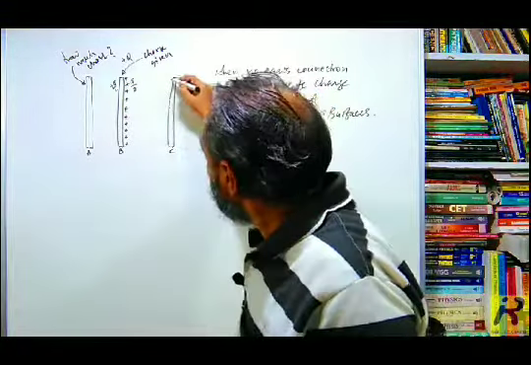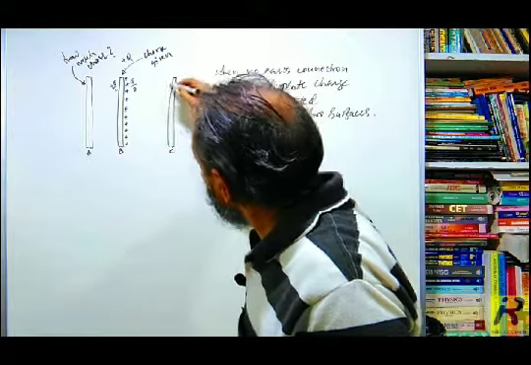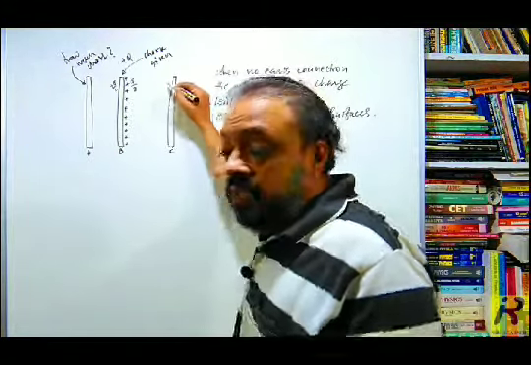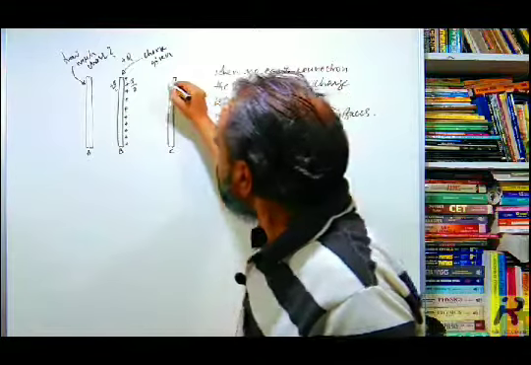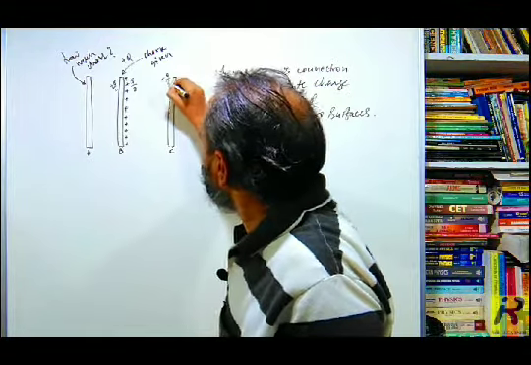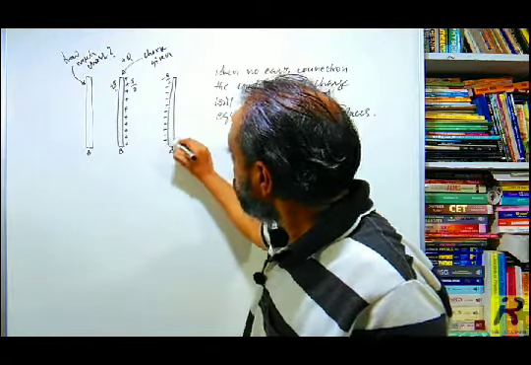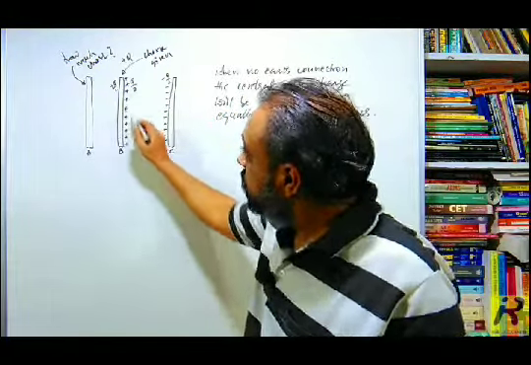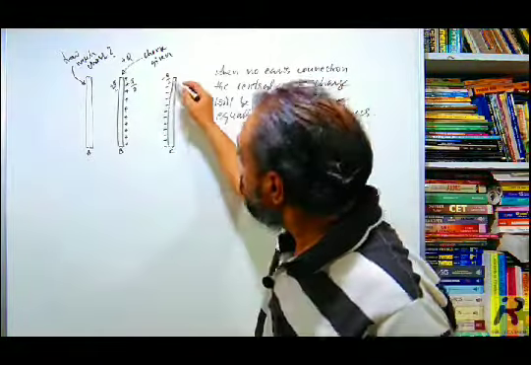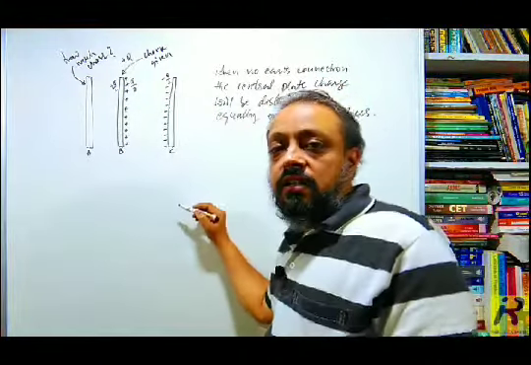That means the charge induced there must be minus Q by 2. The same amount of negative charge as positive charge here would be collected on this side.